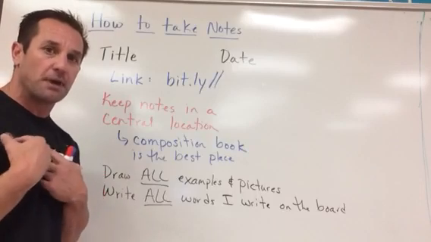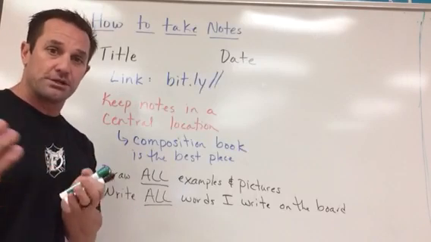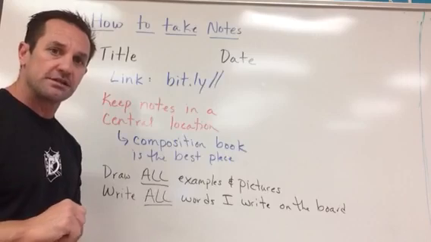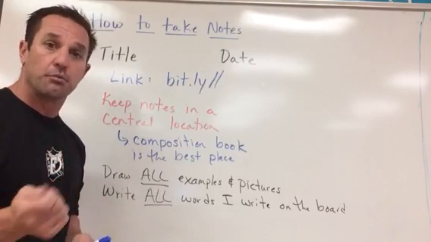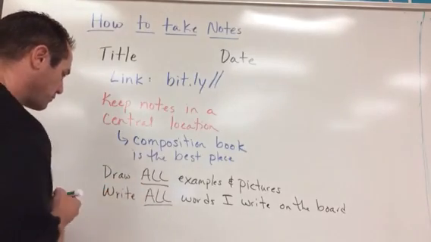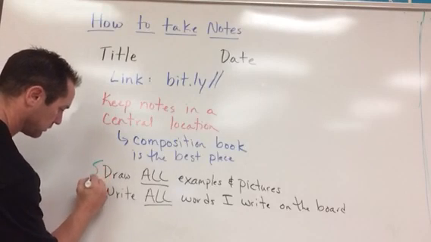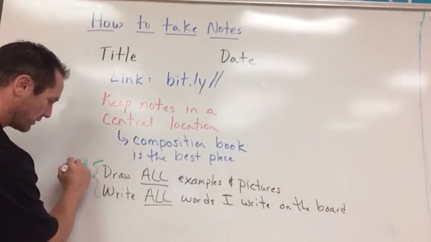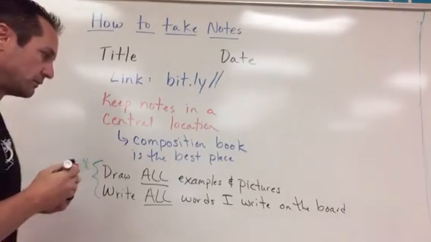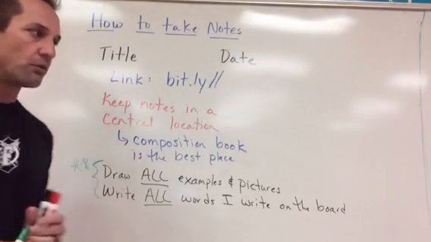Because I'm not going to waste my time, and I'm not going to waste your time by putting things in the notes that are not very important. Okay? Now, I'm going to put a little arc here and a little star because that's how we're going to do it. Draw all examples, write all the words down.